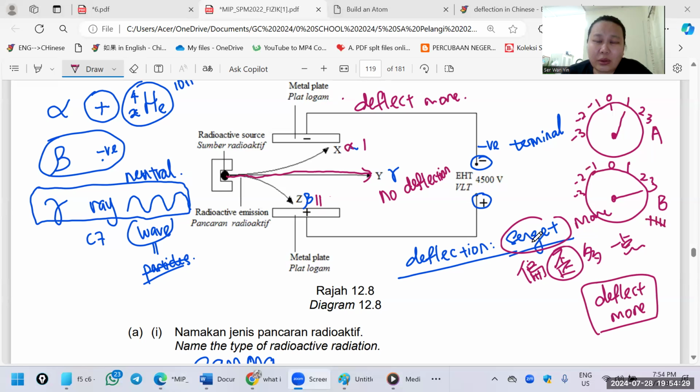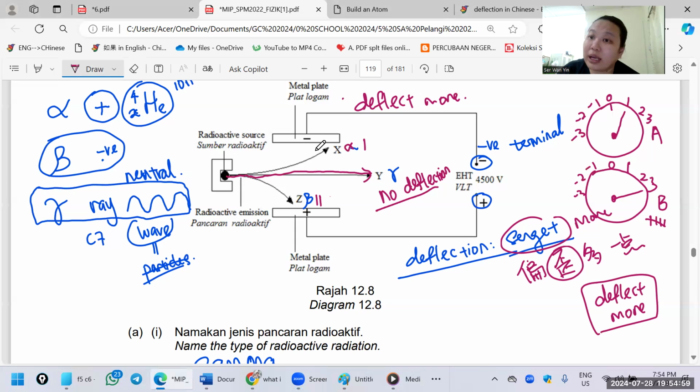Yeah, see? Okay, and one more is in chapter 5 about thermionic emission. Also, there is a question about deflection. They will ask which one deflects more. Okay, to see which deflects more, we can compare with the no-deflection one first. So of course X will go further.